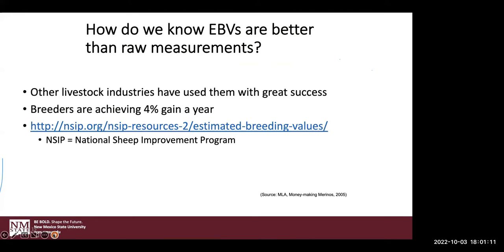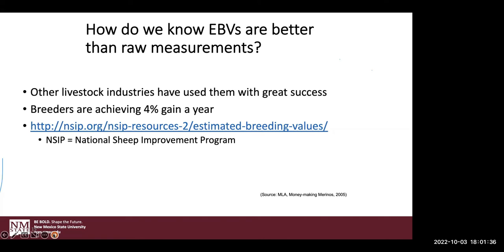So how do we know EBVs are better than raw measurements? Well, it's an add-on. Certainly when you have the actual information of that animal, either you're looking at them or you're reading how they gained or what their wool quality is, that's certainly helpful. But the EBVs add that genetic component that you can't see, and the other factors, right?